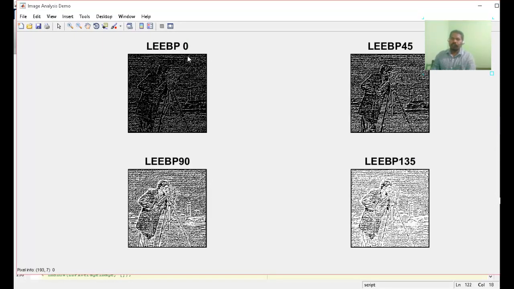So this is the LEPP of 0 degree, LEPP of 45 degree, LEPP of 90 degree and LEPP for 135 degree. It's mainly used for medical image retrieval or texture image retrieval. So many concepts we use.